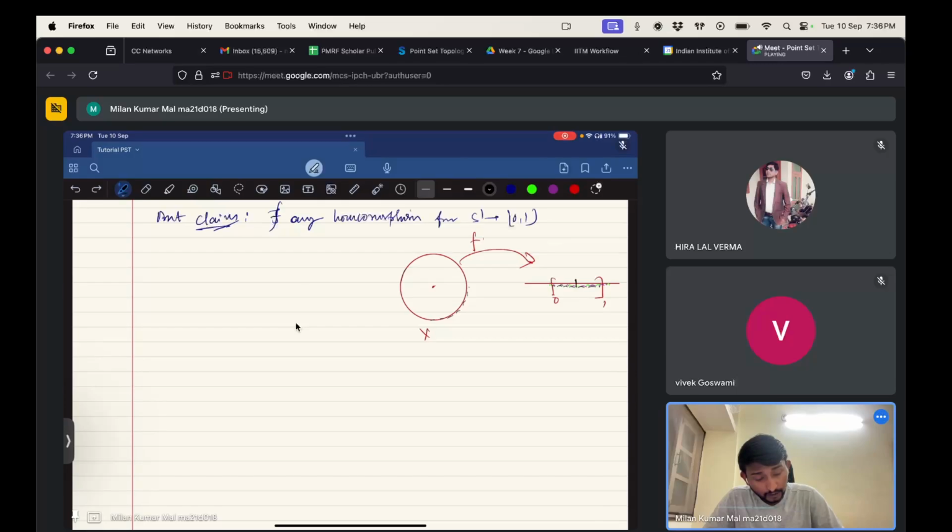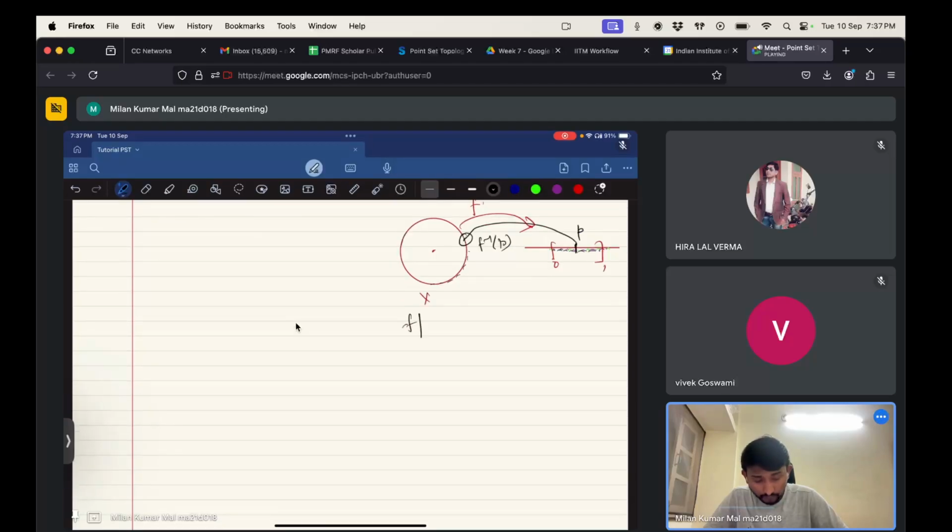In particular, for a point here, there should exist a pre-image. Suppose this is a point P. So the pre-image is F inverse of P. Now consider the function on S1 minus F inverse of P, restricting to it. This maps to the open intervals 0 to P and P to 1.